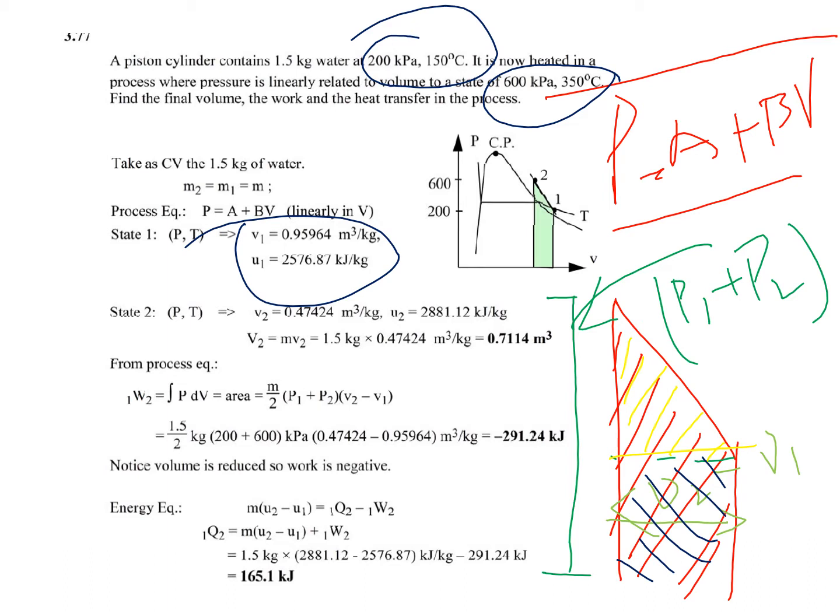We will come to know that both states are superheated states, as we can see over here. Both states are superheated, so we can easily find the initial and final volumes and the initial and final internal energies. Then we can use the work-energy principle to find the amount of heat for this process.